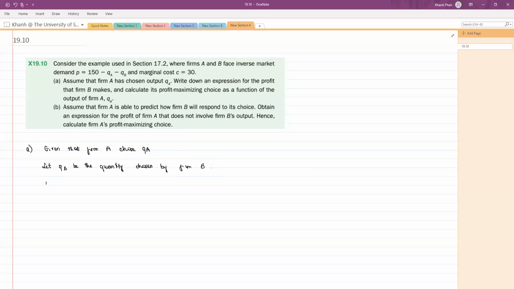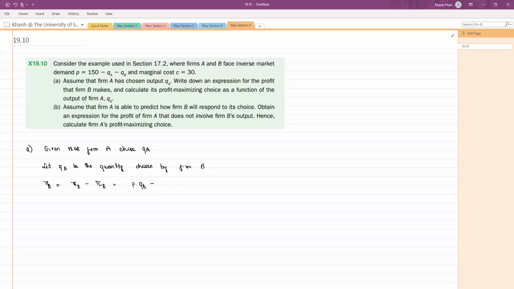So firm B's profit is going to be equal to the price in the market minus the cost for the firm. Now again, remember, we know that profit is total revenue minus total cost. The total revenue for firm B minus total cost for firm B. Total revenue is just the price in the market multiplied by the quantity QB that the firm is going to produce.